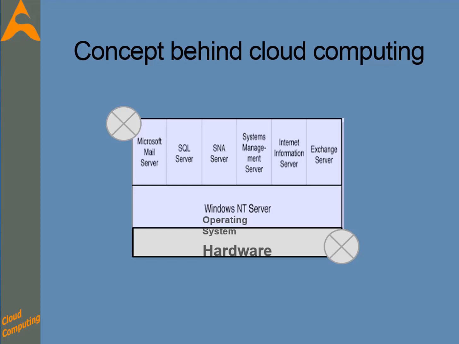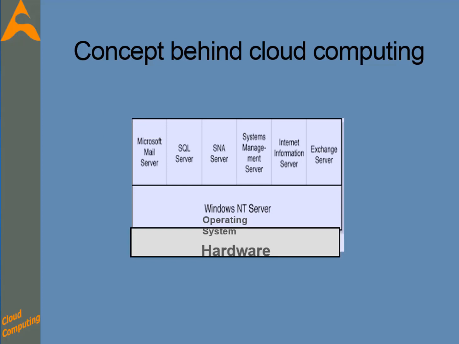It runs exclusively on Windows Server operating systems. Here the Exchange Server is dependent on everything below it, so in case your operating system fails or hardware has issues, then it shuts down your Exchange Server and hence the mail service of your organization is interrupted. The concept of cloud computing is that you are trying to separate the application, operating system, and the hardware.